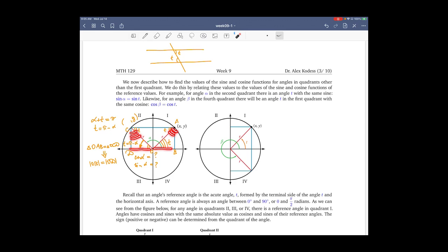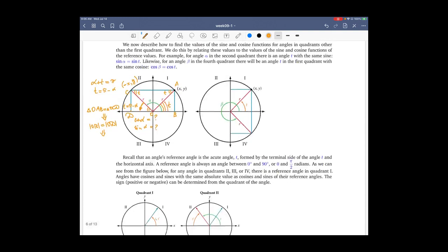Both are pi over 2 minus t. Therefore, the x-coordinate of this point C is negative the x-coordinate of this point A. These points A and C are simply symmetries of each other about the y-axis.